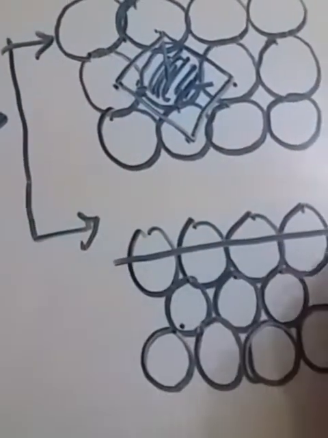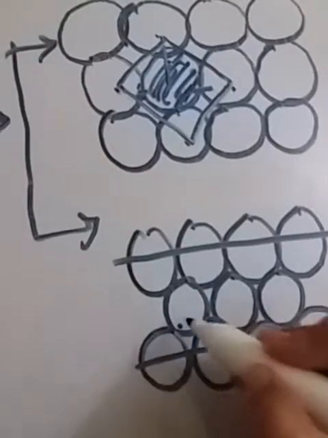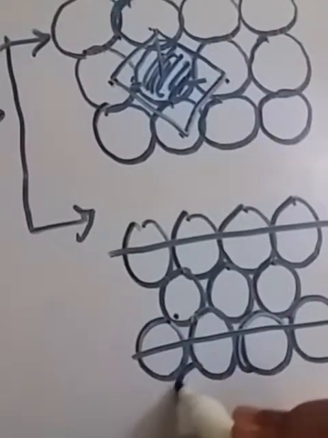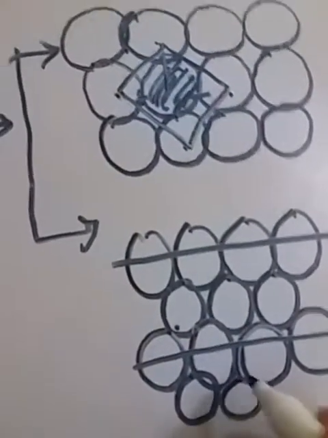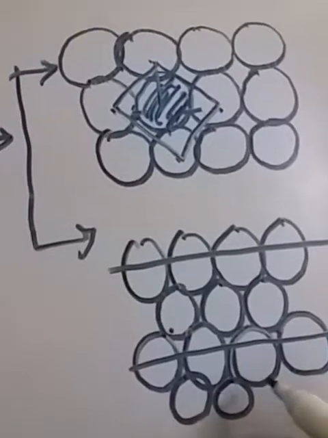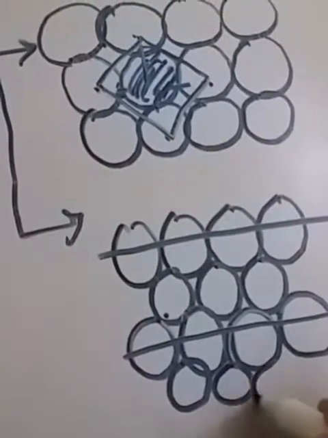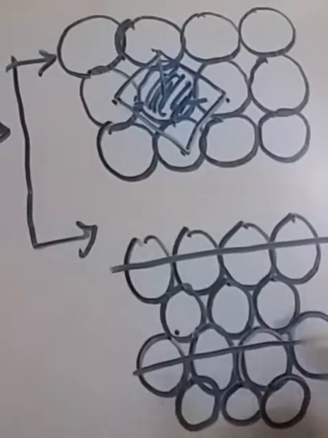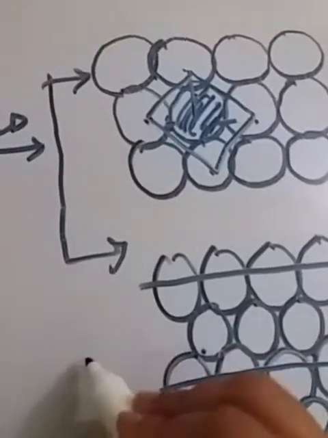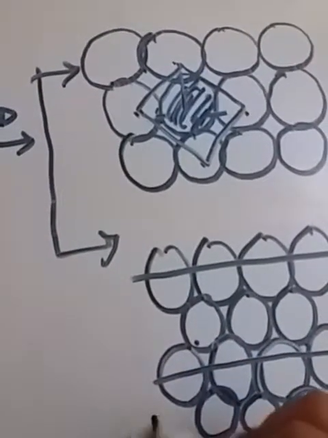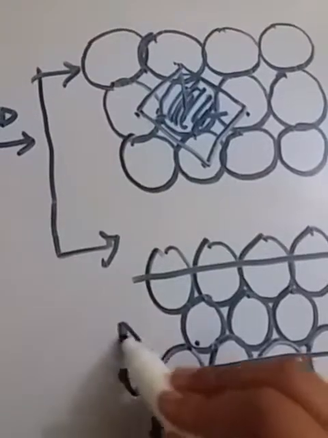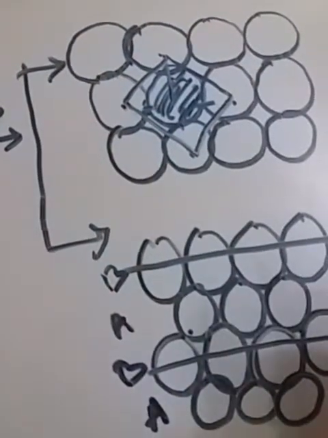This pattern is equal to this pattern, but this is different. Again, this pattern will be equal to the fourth layer, the second pattern will be equal to the fourth layer, and the first equal to the third layer. So this is A, B, A, B. I'm sorry.